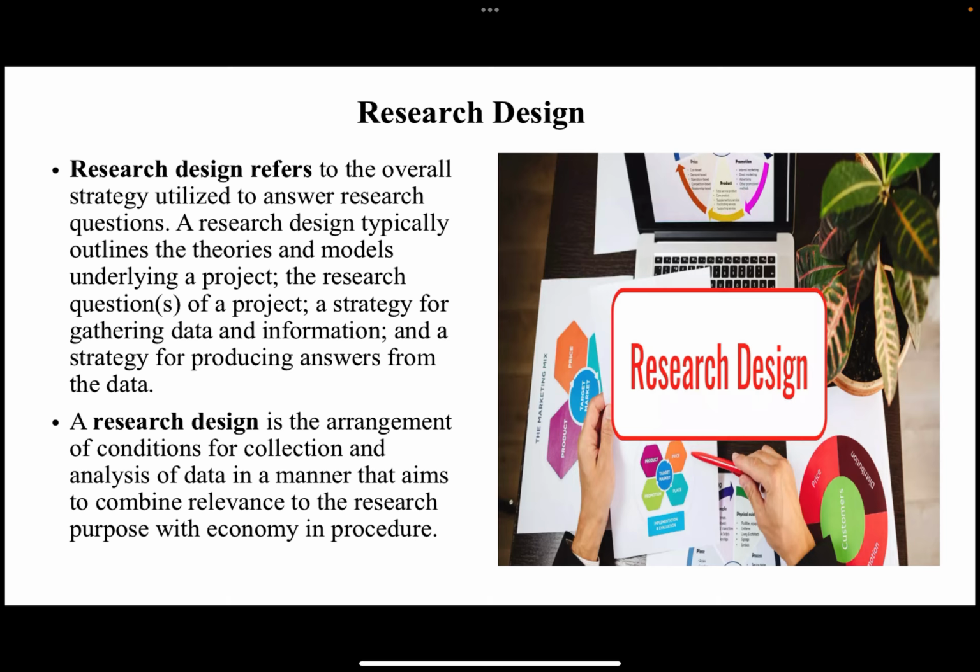We started with the experimental research designs, which have two subtypes: the randomized control trial or clinical trial, and the non-randomized control trial or quasi-experimental study, or community trial, or field trial.